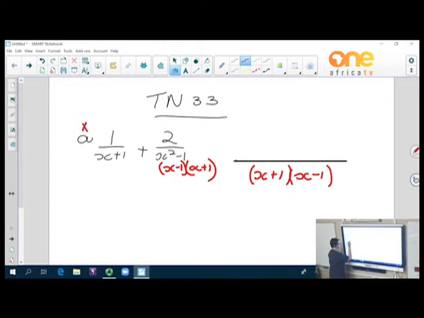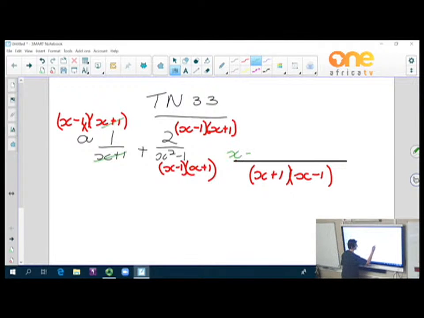So I multiply now here with x minus 1, x plus 1, and I multiply here each term with the LCM, x minus 1, x plus 1, and cancel. So this will cancel out, and then you have x minus 1. Here both of them will cancel out, and you have plus 2. So now the final answer is then x plus 1 over x plus 1, x minus 1.